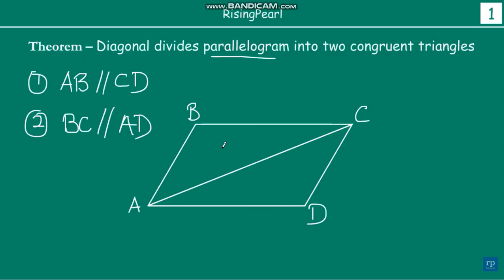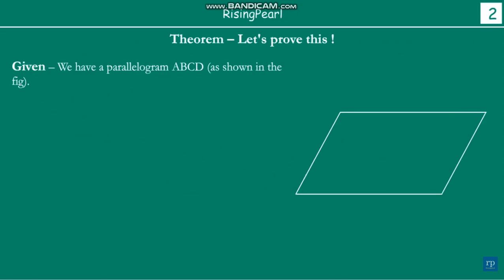When two non-consecutive vertices are joined, we call it a diagonal. Then it forms two triangles, triangle ACB and triangle ACD. Is it right? Now we want to prove ACB is congruent to ACD. These are the two diagonals. So let's move on.